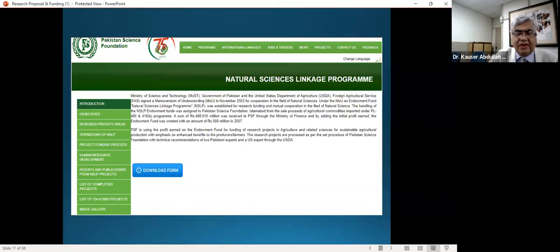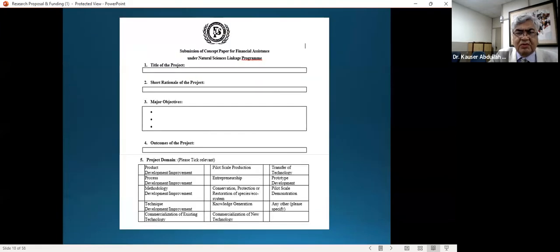It was in 2004 or 5, I think. Based on that, the endowment was established, and the markup of that is being used to support competitive research grants. This is related to natural sciences, and it includes all life sciences, biology, chemistry, etc. So you can have that also.